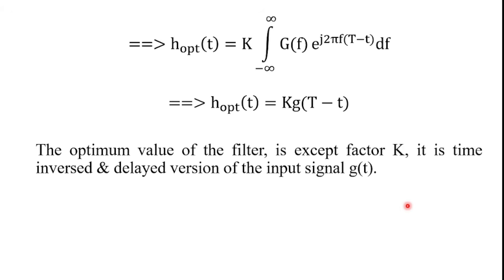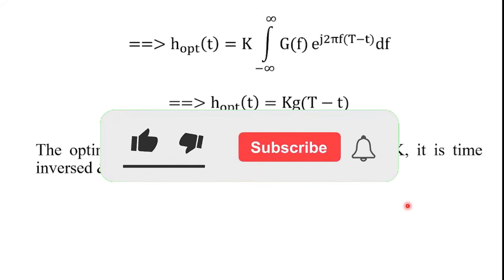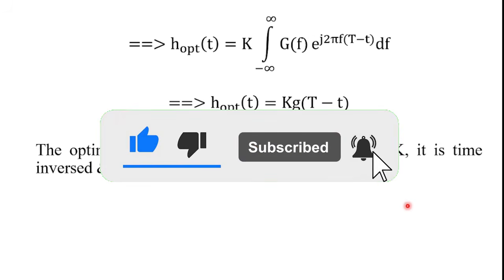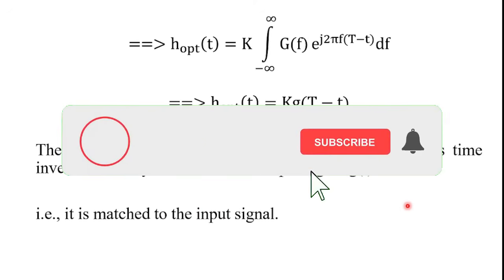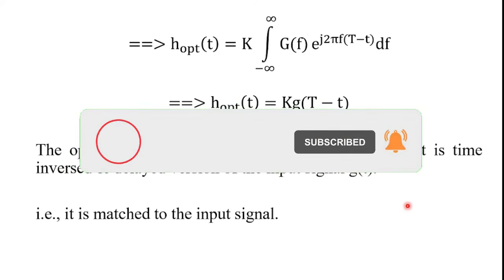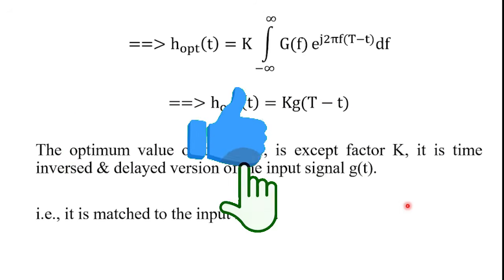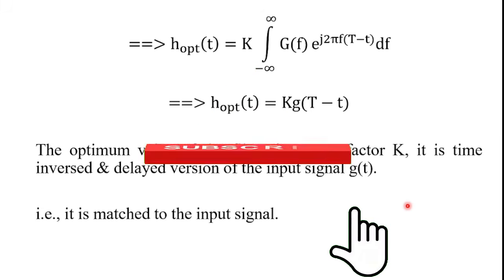G of capital T minus t is the delayed version of the input signal, or time inversed signal. So the optimum value of the filter is the time inversed input signal, or delayed version of the input signal. So that is, it is matched to the input signal. And this is the concept of the matched filter.